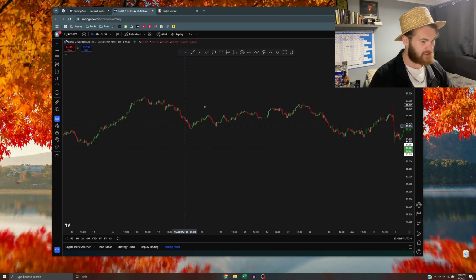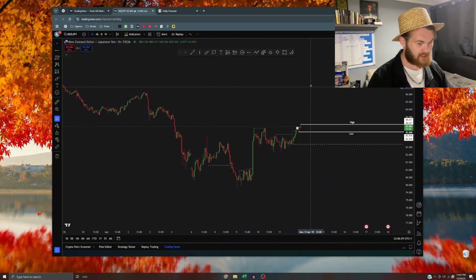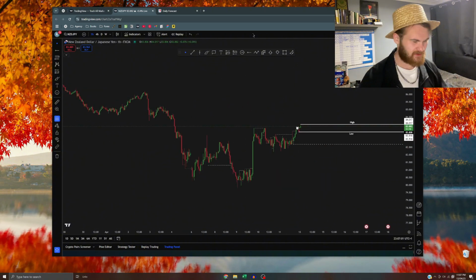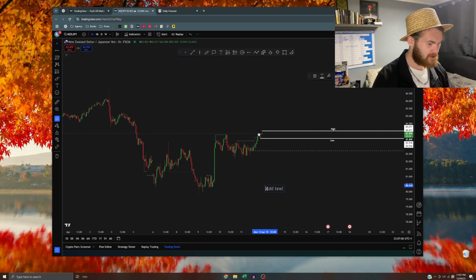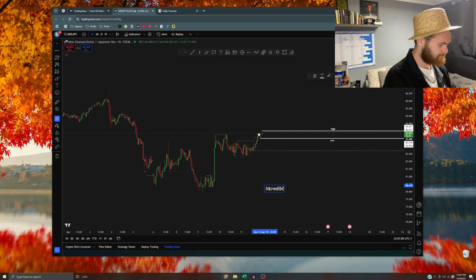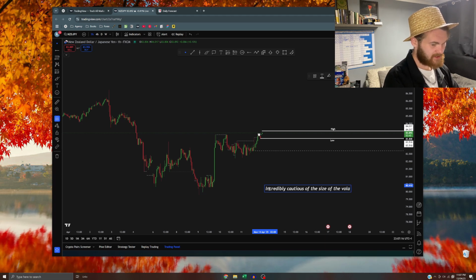We can see the prior candles are a lot smaller. All of a sudden they've just started getting massive. So I'm very cautious of the type of volatility in the market. I'm just going to put incredibly cautious of the size of the volatility in price action.